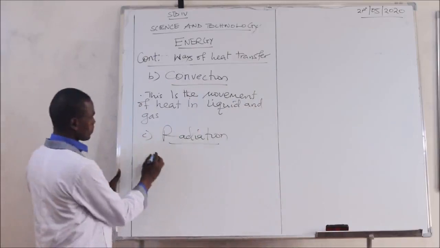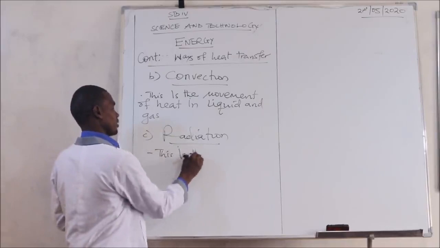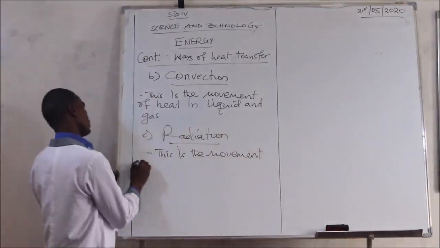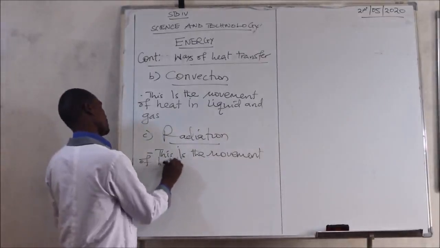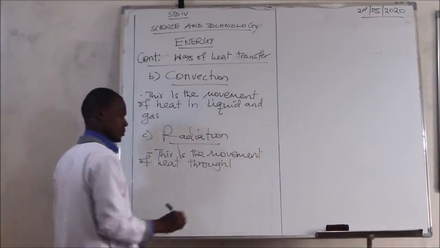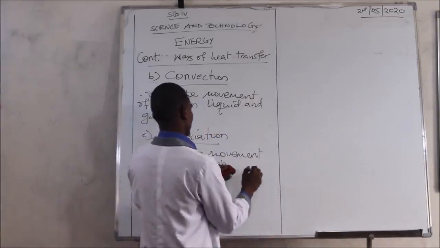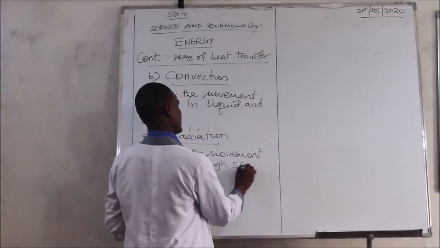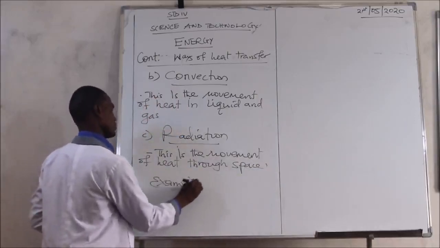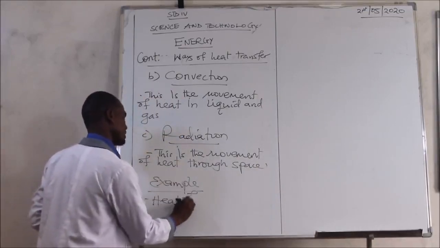So let's write something. We say that this is the movement of heat through space. We say example, heat from the sun.